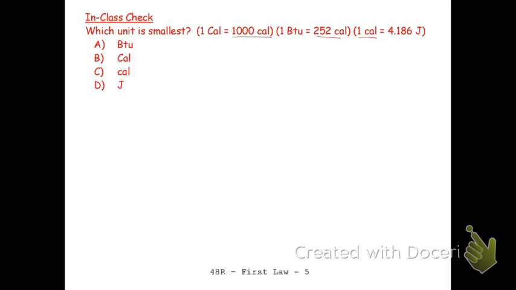So we'll do this. If we have the calorie scale, so we have 1, I'm going to call it the food calorie. This is 1,000 little calories. So that's not a very small unit.